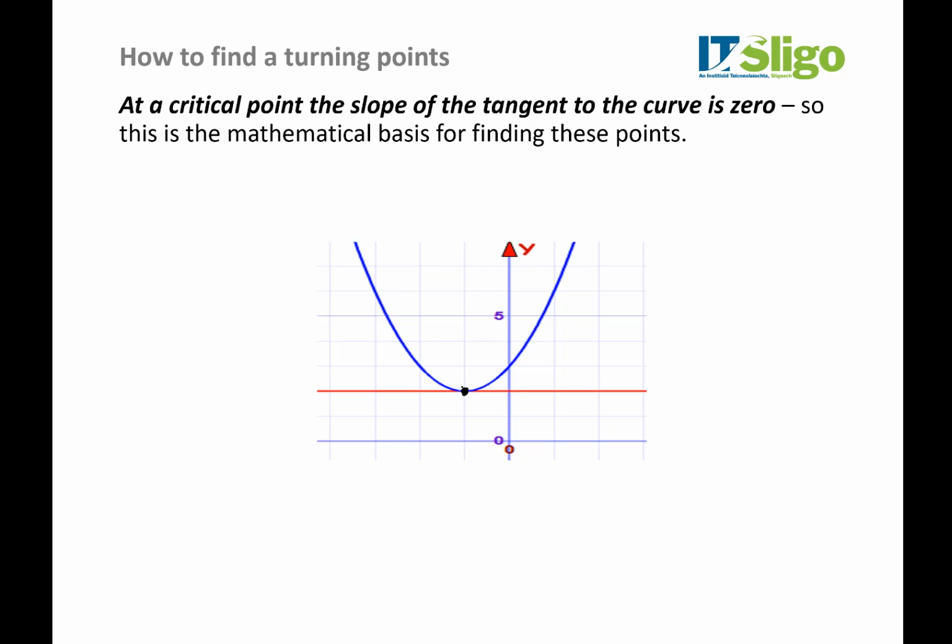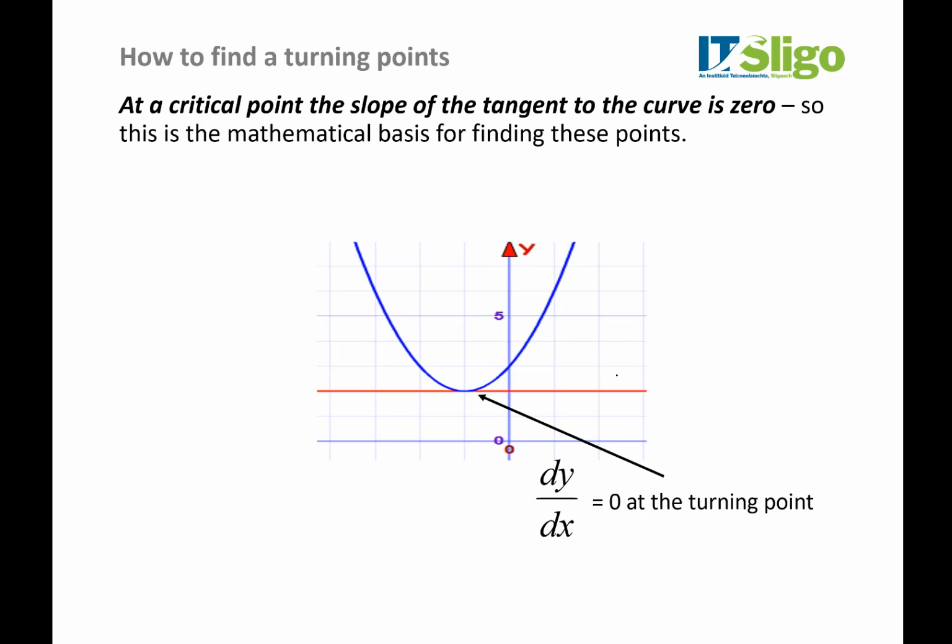At these critical points, stationary points, turning points, maximum, minimum, whatever you want to call them, the crucial thing is at this very moment, the function value has stopped going down, the slope has stopped being negative. It hasn't started being positive yet, so this is the exact moment where the slope is 0. That's what happens at a turning point.